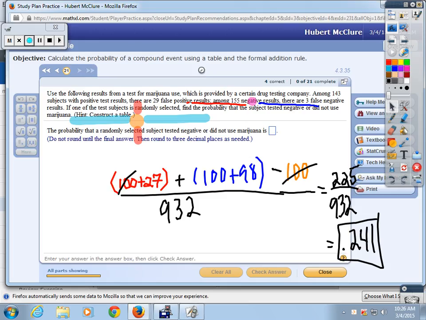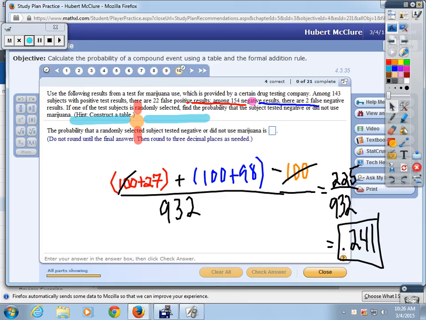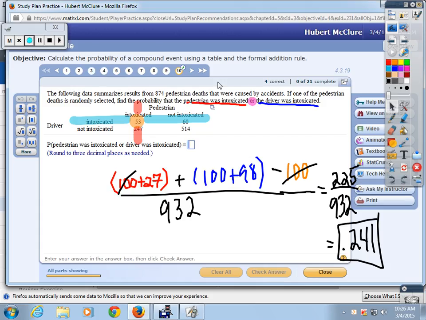No, go ahead and ask the question one more time. Okay, on the last problem we had, intoxicated was 100, and then we had 227 to the bottom. Not intoxicated was 98 and 5%. When we do all that overlap, I'm assuming you subtracted 200 from the 27, which left 100 plus 27, plus 100 plus 98, minus the 100.